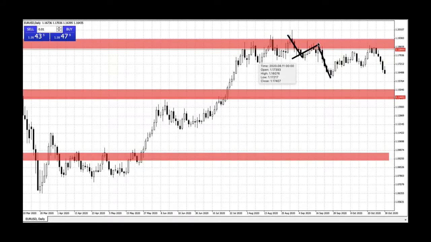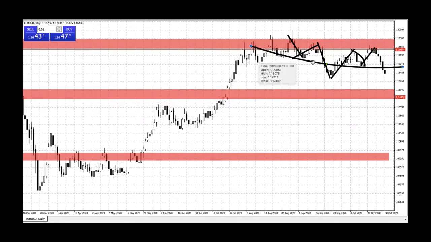We don't want to miss that, right? So this was the inverted head and shoulder pattern that we anticipated. As we all know, this is all about probabilities, right? And unfortunately, this head and shoulder pattern seemed it didn't hold.